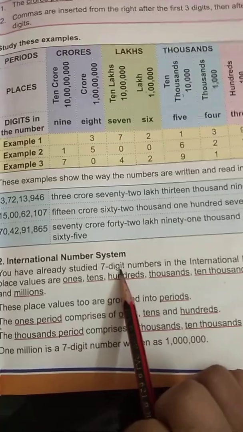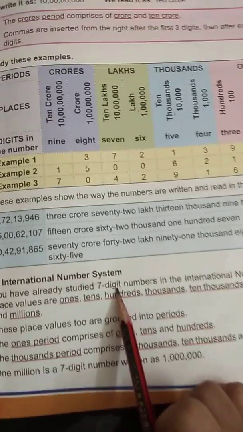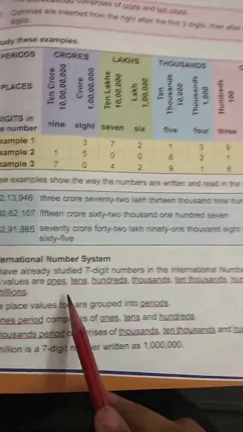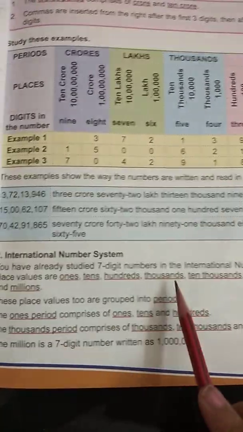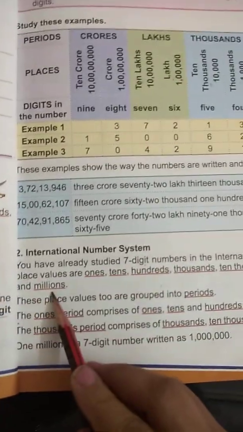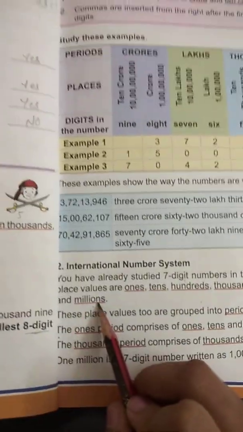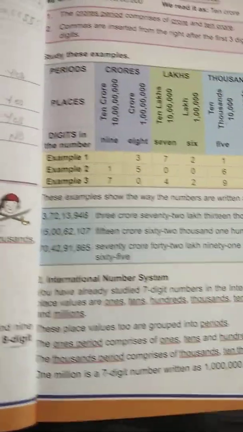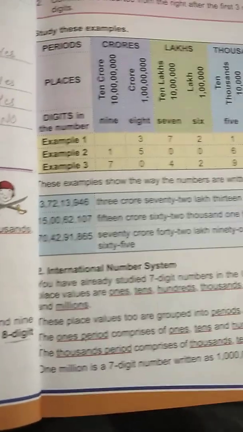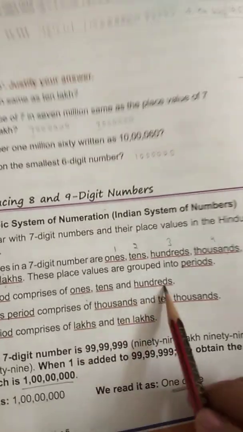Now let us see the international system. You have already learnt till 7 digits in previous classes. In the international system: ones, tens, 100, 1,000, 10,000, 100,000, million, which is 7 digits. The ones period has ones, tens, 100, the same as in the Indian system.